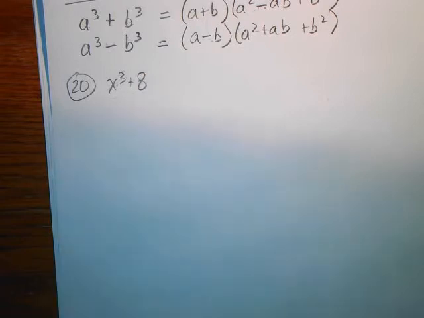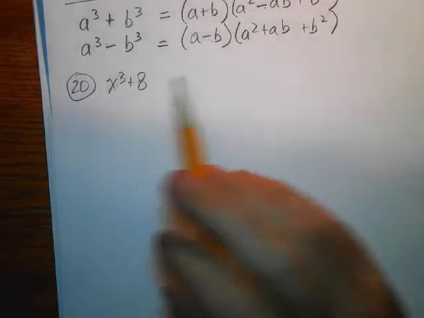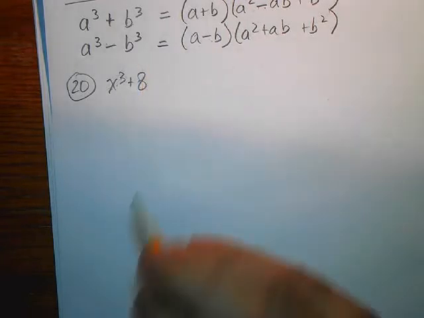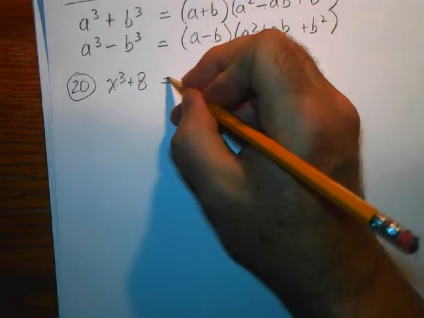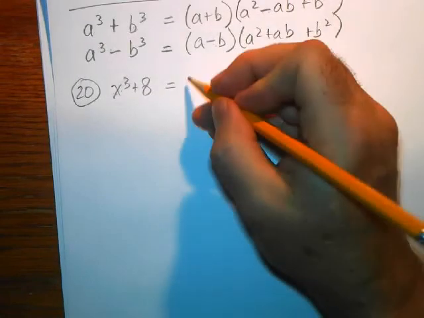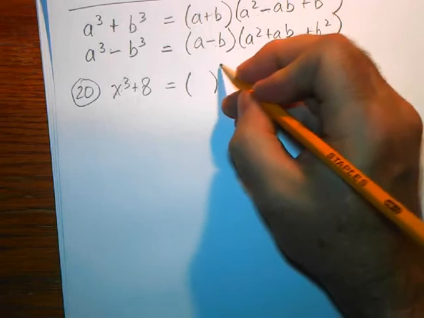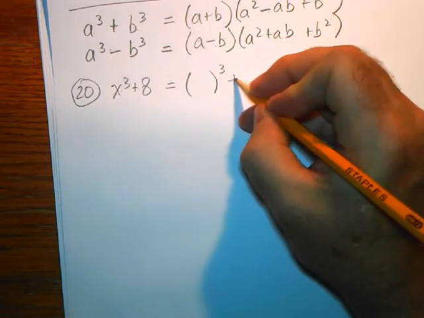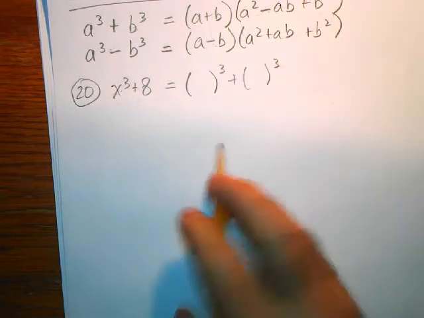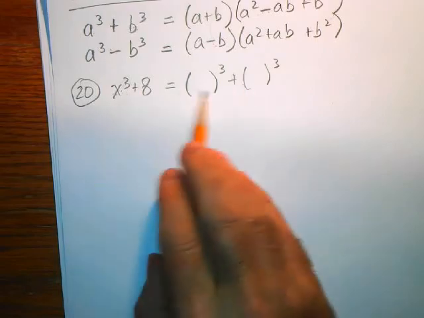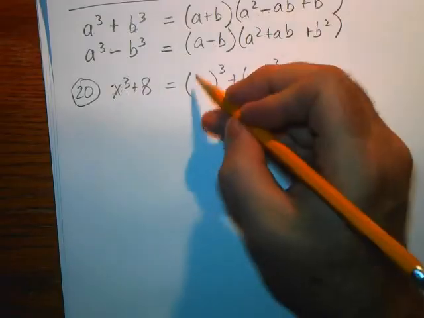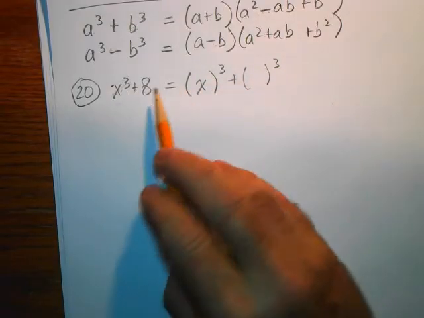So again, just like difference of squares, I know this is going to be a sum of cubes, but I want to write it in a way that looks more like the sum of cubes. So something like this. The x goes here, and what do I have to cube to get an 8? Well, I have to cube a 2. So this is my a, and this is my b.